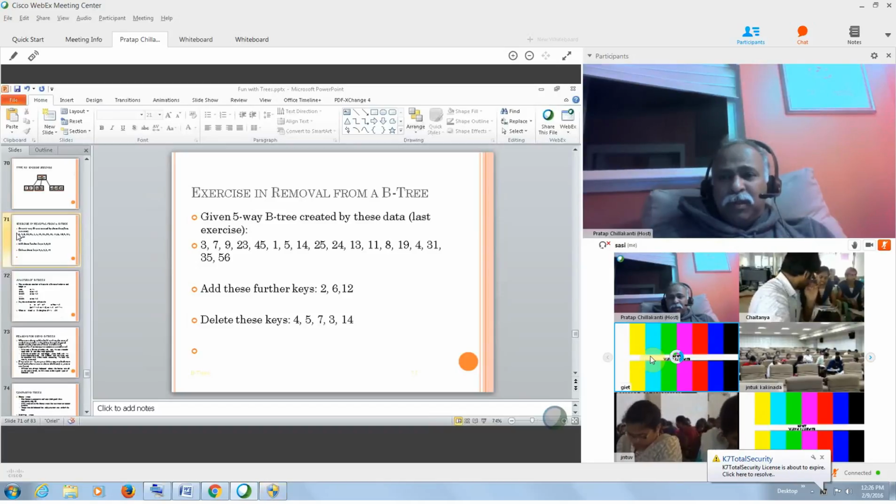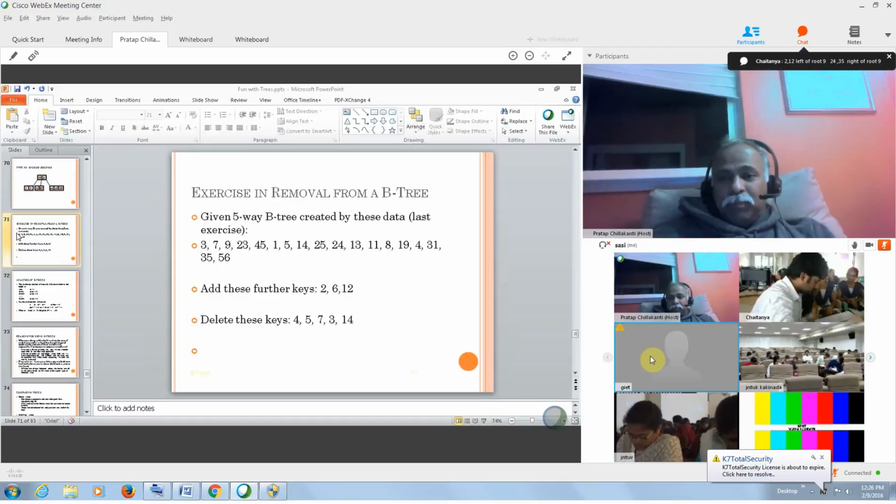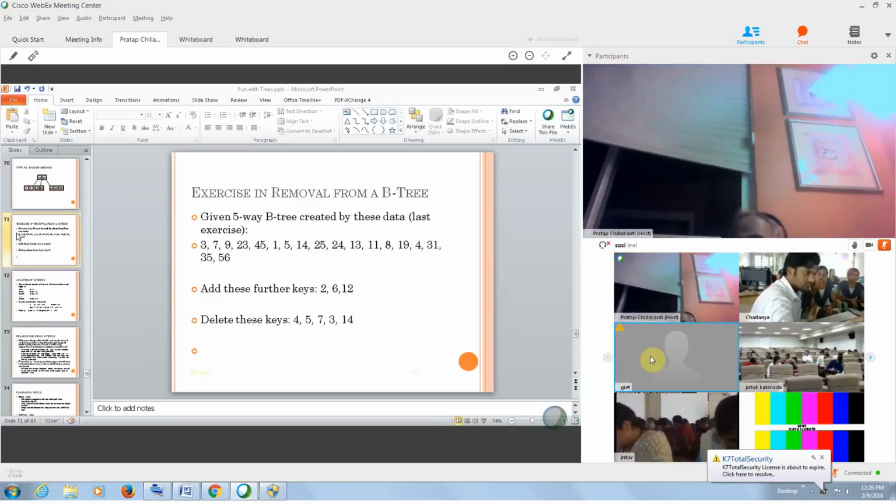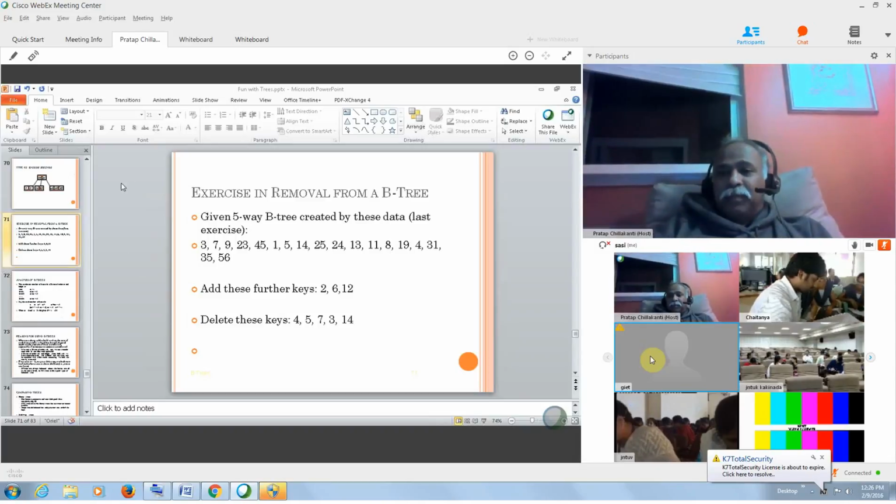After deletion of all the keys, 9 is the root, is what you are saying? Okay. Okay, Chaitanya completed. Oh, Chaitanya is on a roll today, along with Jay.